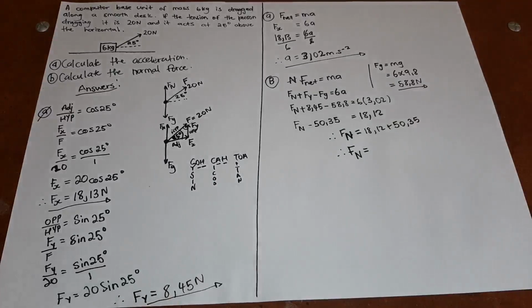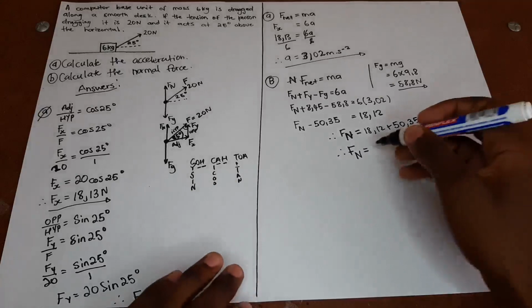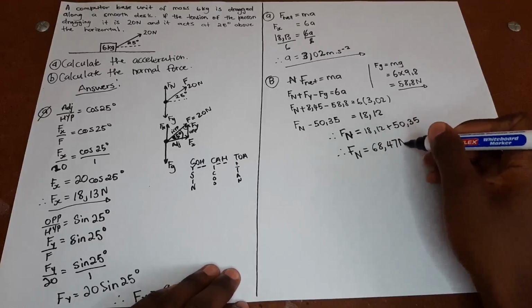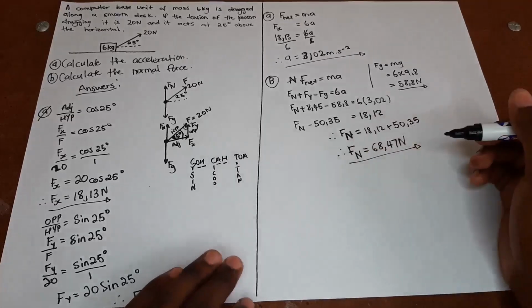So 18,12 plus 50,35 gives us 68,47 newtons. This is our normal force in this scenario.